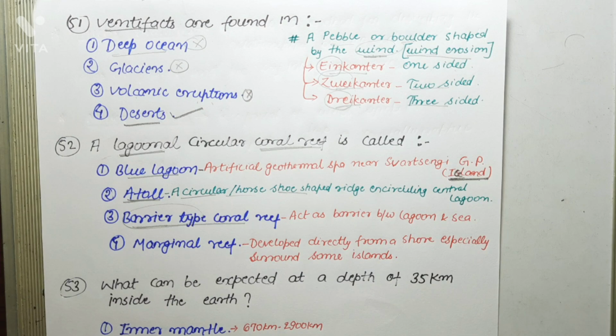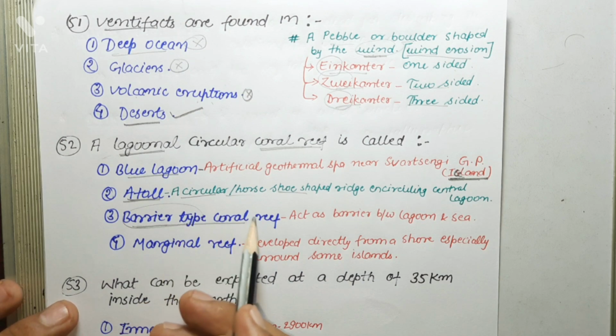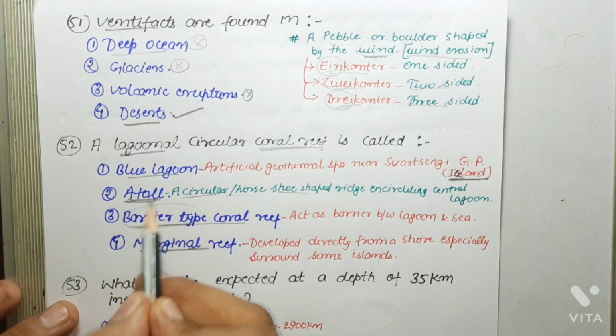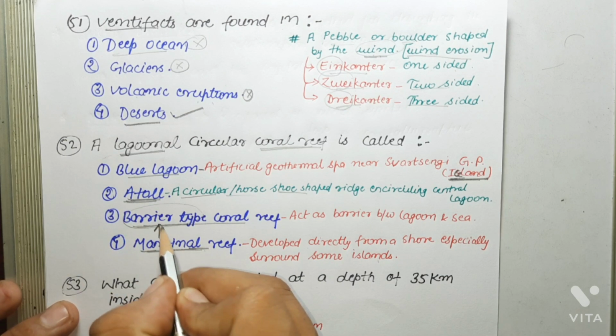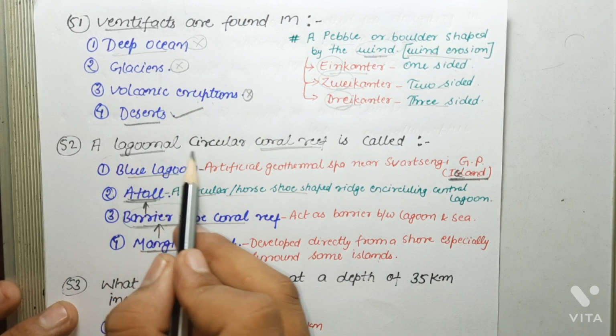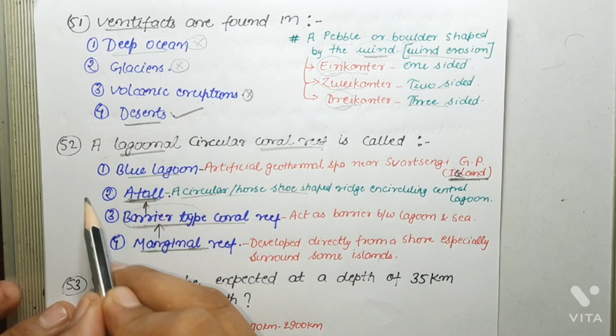Now the reef is acting as a barrier between the circular lagoon and the ocean. So these are known as barrier type coral reefs. What are marginal reefs? Marginal reefs develop directly from a shore, especially surrounding some island. So basically marginal reefs are the first stage of successive growth of coral reef, then barrier type coral reef, then atoll. As far as this question is concerned, a lagoonal circular coral reef is called an atoll. So the correct answer is atoll.